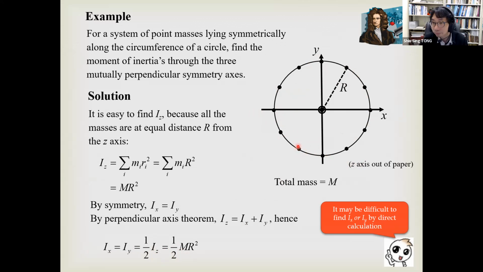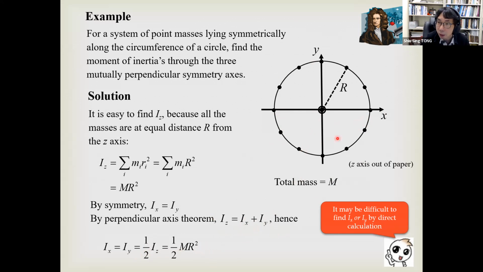You have to calculate the individual perpendicular distance of each point mass from the x-axis and sum them all together. That is a difficult task. But now with the perpendicular axis theorem, you don't bother with that. Because you know I_z, and by symmetry, you know I_x is equal to I_y, so you can solve for I_x and I_y very easily. So you see how powerful this theorem is.